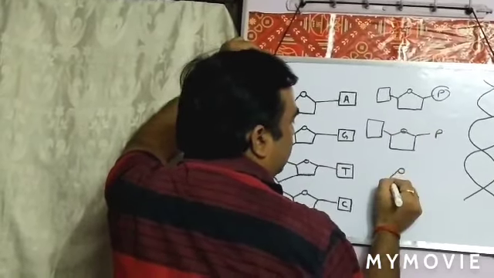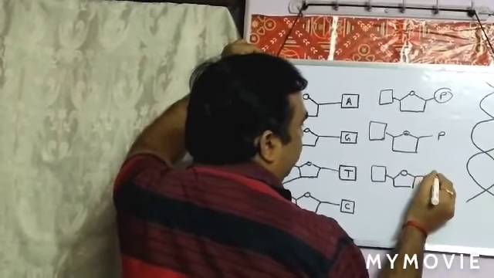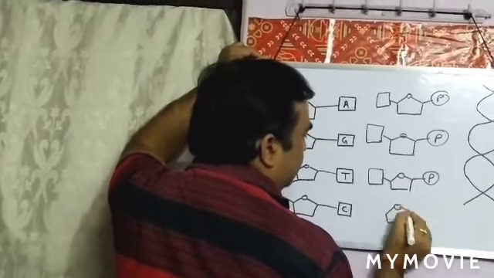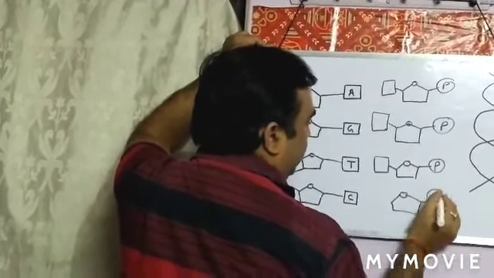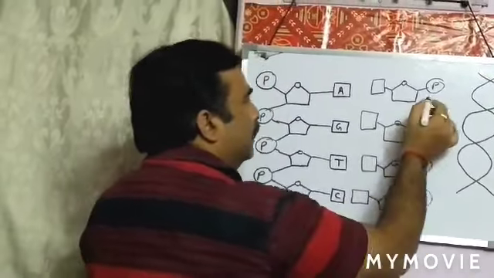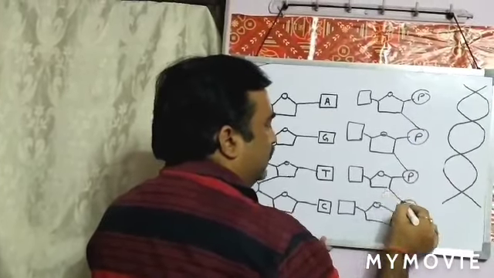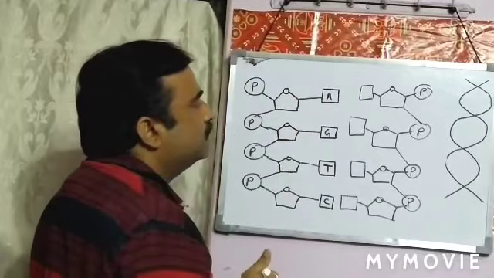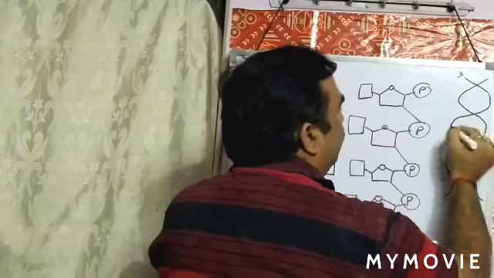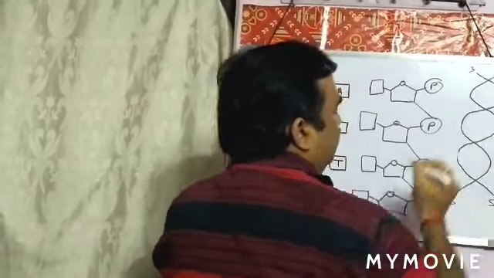Pentose sugar, phosphate, nitrogenous base. And they are connected with the phosphodiester bond. So this is one helix and this is another helix. Here it is 3 to 5 direction and the other one is 5 to 3 direction.